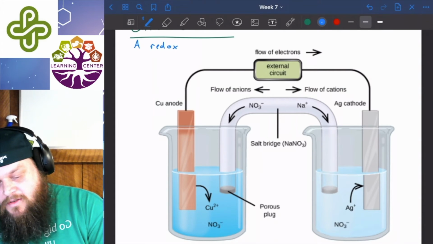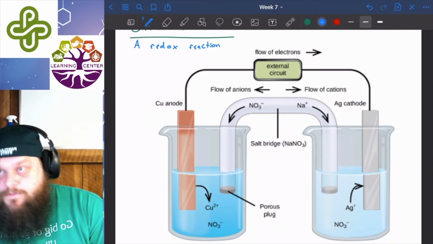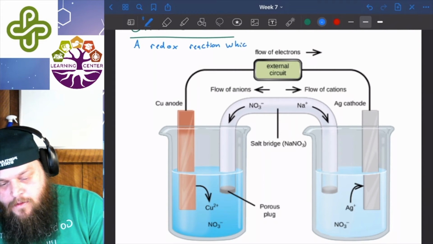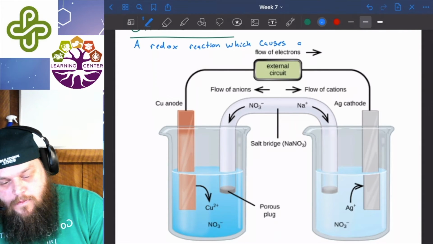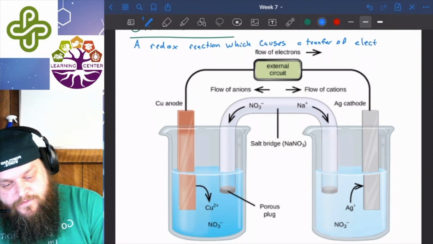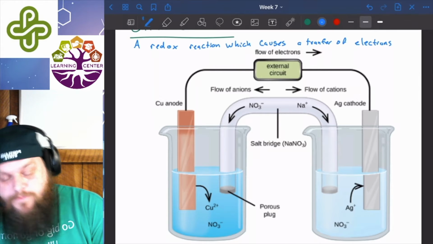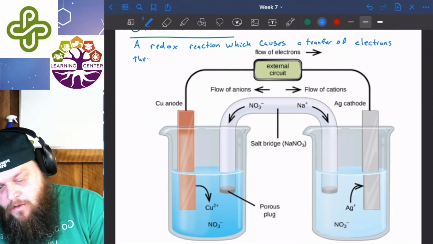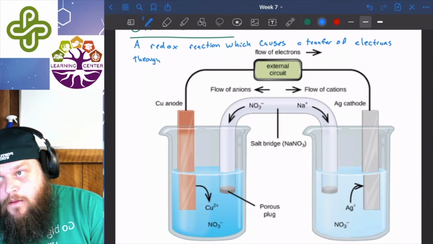It's a redox reaction which causes a transfer of electrons through a circuit.